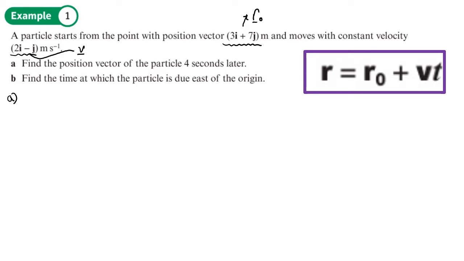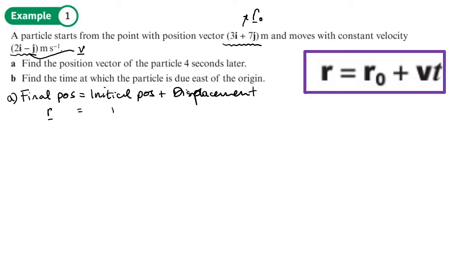I'll actually write some of these things down. Final position equals initial position plus displacement, which makes sense. You start somewhere, you move a bit, and you finish somewhere. So our final position, r, is the initial position r0 plus our displacement, velocity times time.